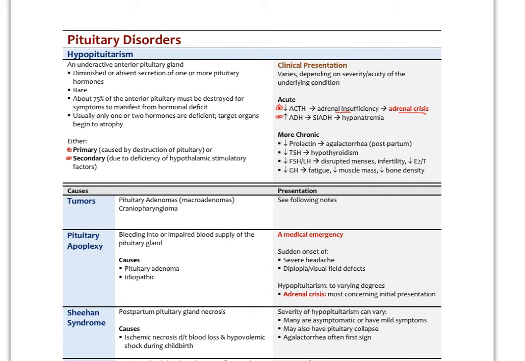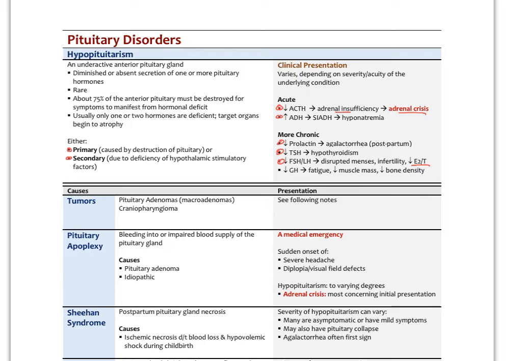More chronically, though, we're going to see things like low prolactin, which would lead to, let's say after pregnancy, agalactorrhea postpartum; low TSH with hypothyroidism; and low gonadotropins, which could disrupt menses, cause infertility, and lead to low estrogen and testosterone. That can be a problem if this happens, for example, before the age of 40.